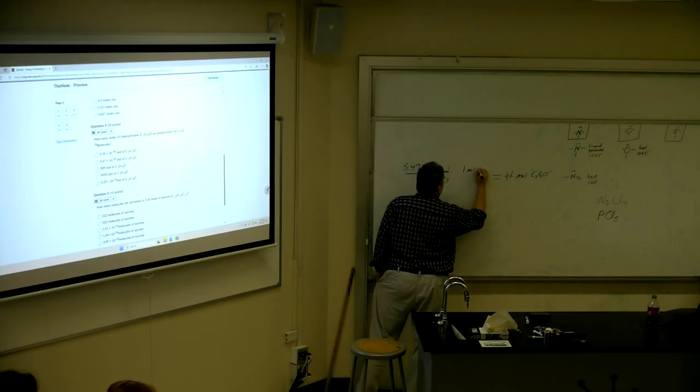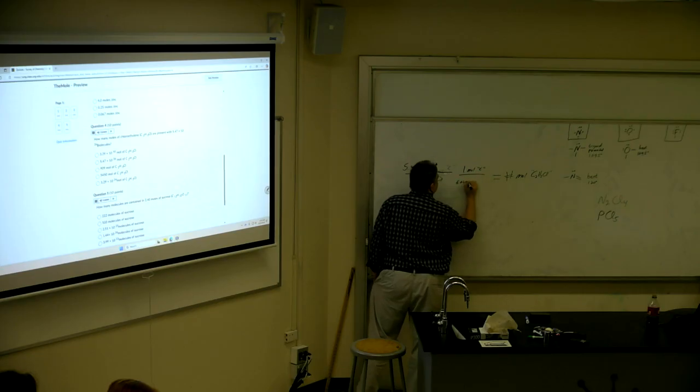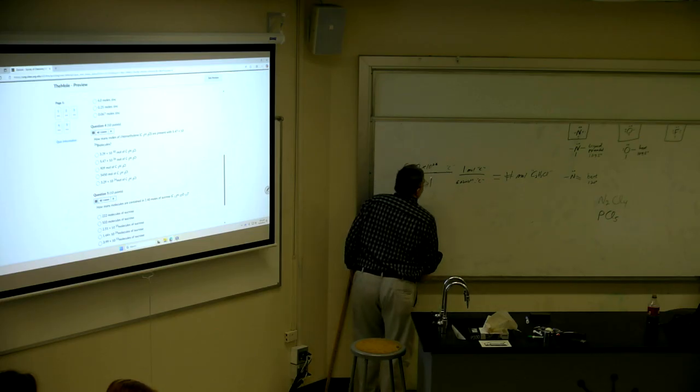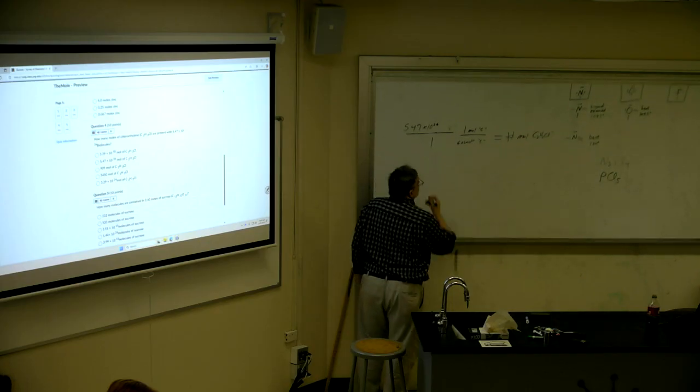And you got the blank on top here, so you want the blank on bottom here, so it's going to be 1 mole of C is 6.02 times 10 to the 23 blank C.